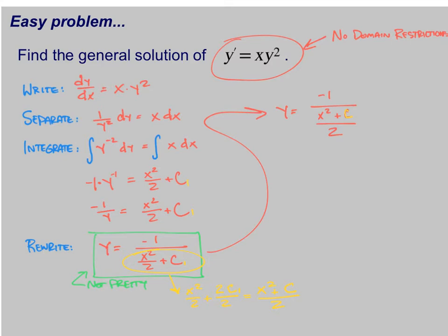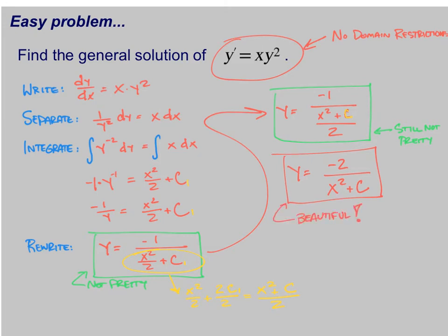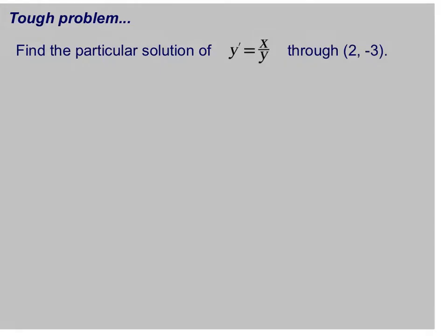All right, so this is certainly an improvement over what we had before, but it's still not pretty. So let's rewrite that one more time. We have -1 divided by that quantity, so that's really just the reciprocal of that quantity with a negative sign out in front. And there you have it, folks. That is beautiful.